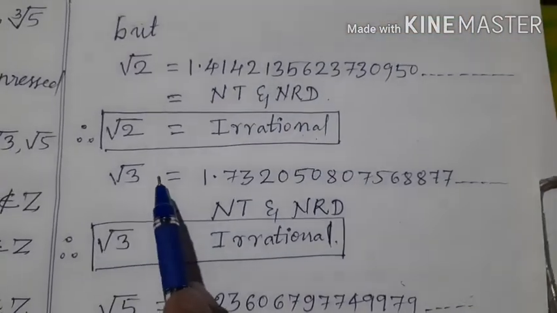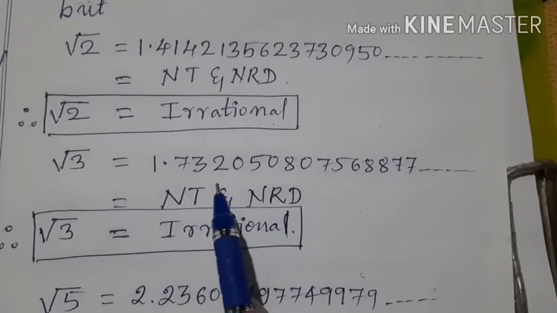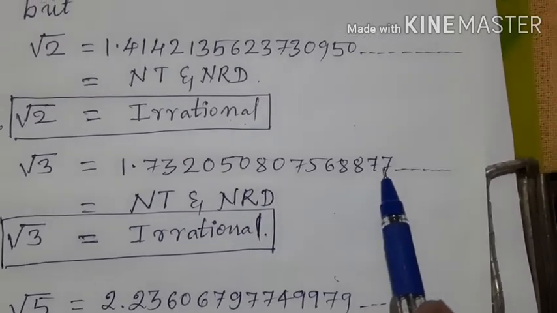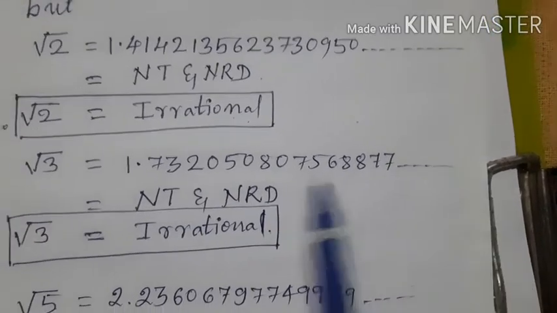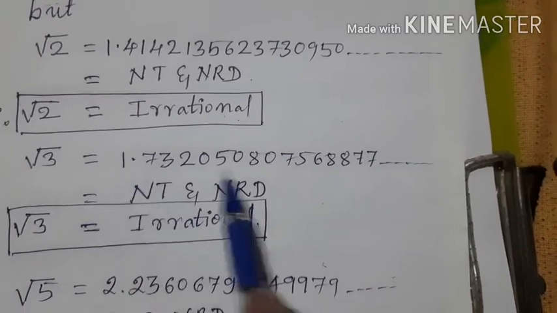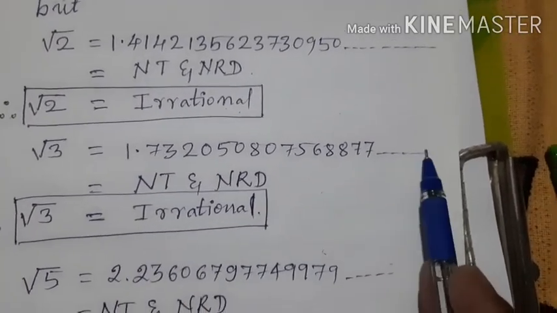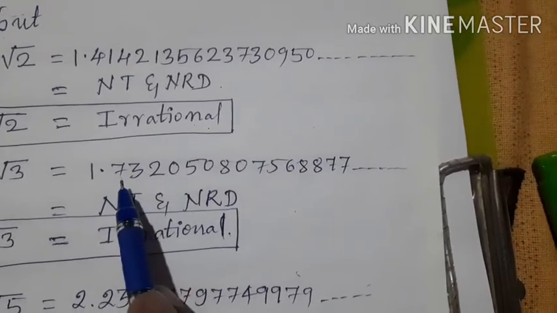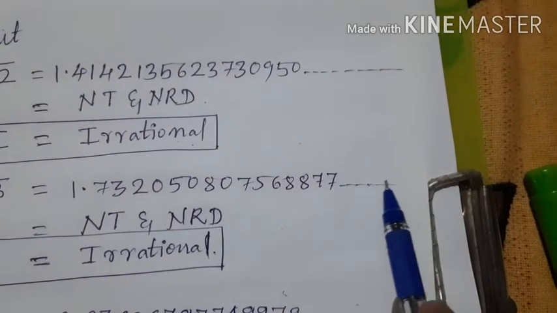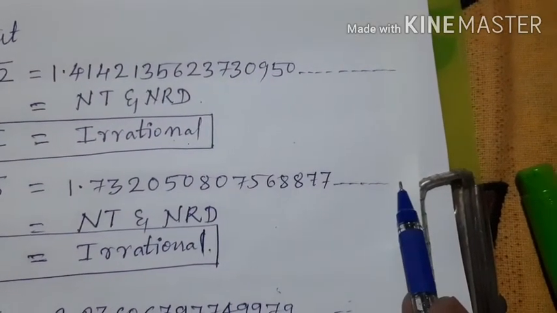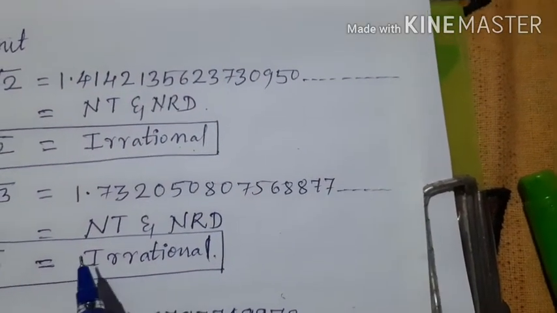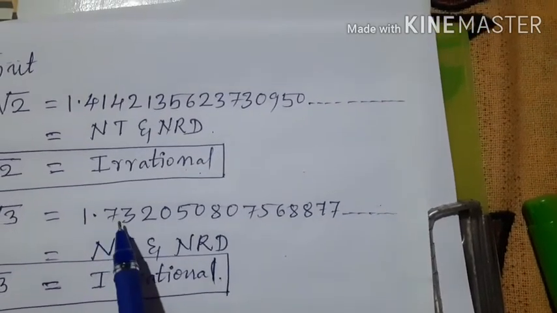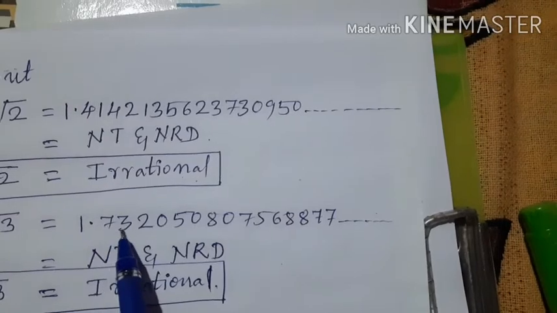Similarly, square root of 3 is equal to 1.7320508075688877 and so on. Here root 3 is a decimal number. What type of decimal number? Non-terminating and non-repeating. Here in the decimal part there are infinitely many digits. They do not end. That is why it is a non-terminating decimal. You cannot count the digits in the decimal part.